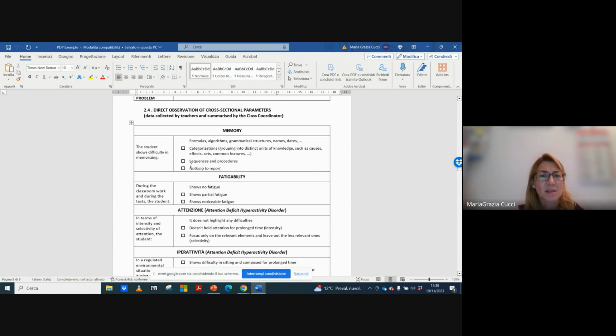Categorization, sequences and procedures, nothing to report. It is important that every teacher does this check, because in some subjects some of the things that we want to check are more evident than in others.